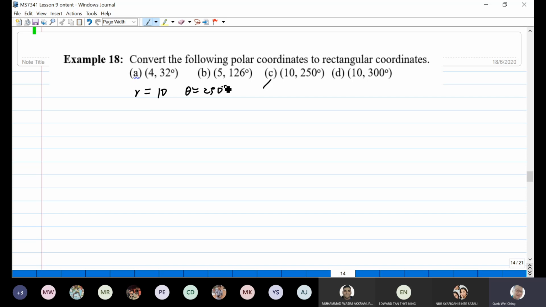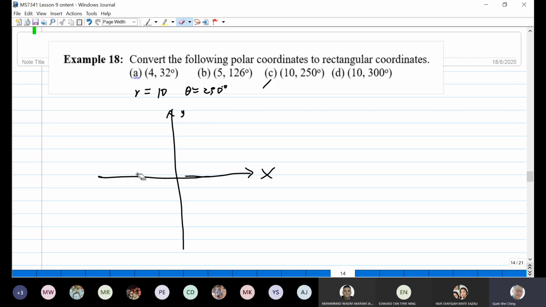So let's draw the picture. This is the x-axis, this is the y-axis, and then I want to get a circle of radius 10.